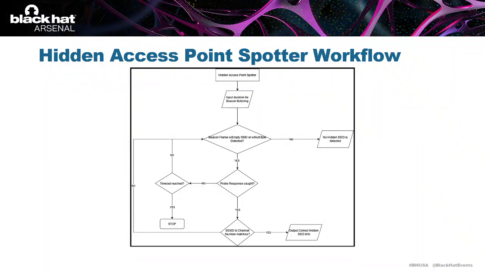And let's say the program has detected such a beacon frame, the program will collect all the unique BSSID values in the area and will start to sniff for probe response packets.